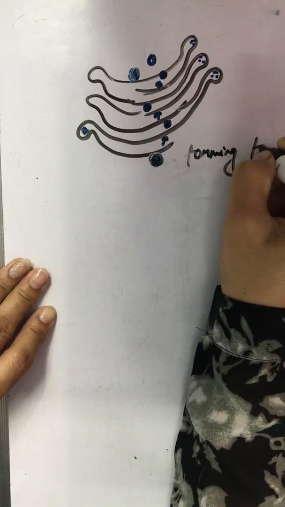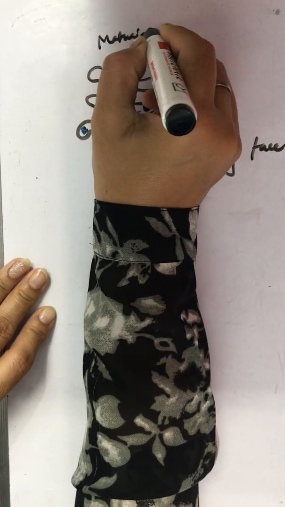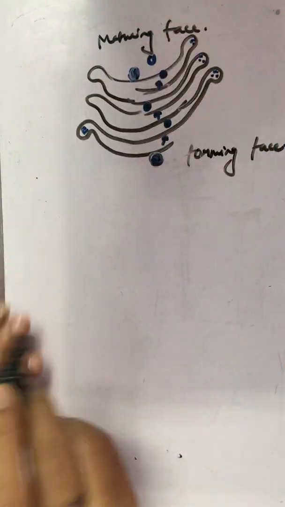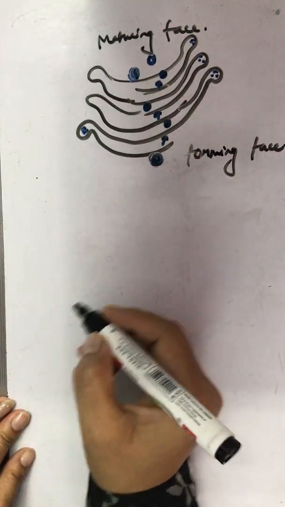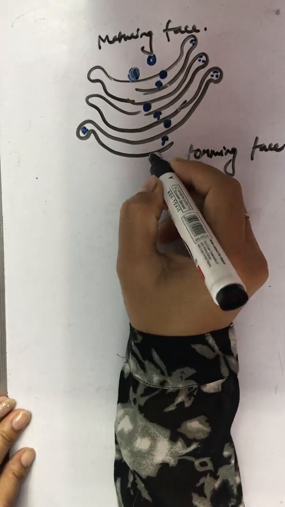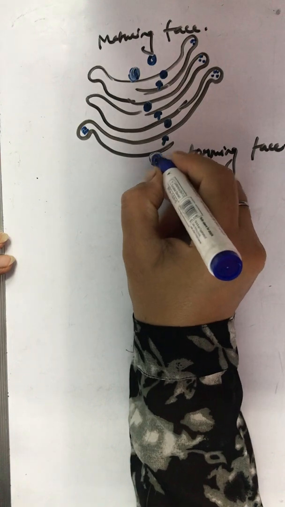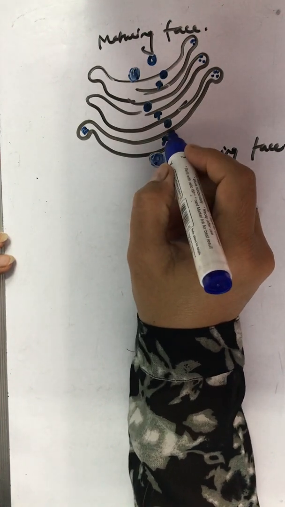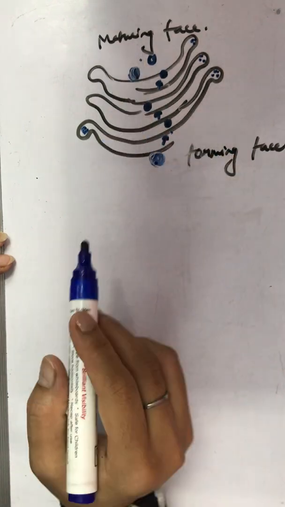This is the forming phase and this is the maturing phase. So this is how the material, whatever is packed, this becomes a part of the complex and ultimately released at the maturing phase.